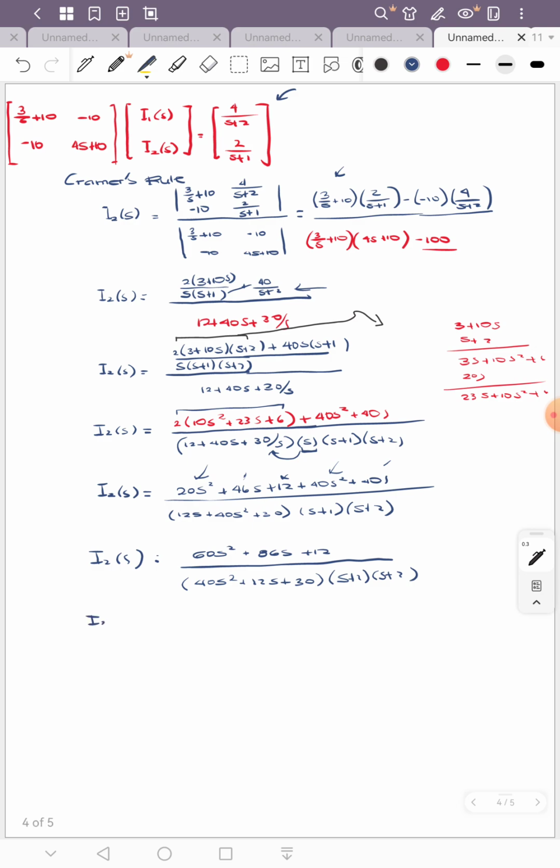Now this expression can be simplified further by factoring out 2 from the numerator and denominator.